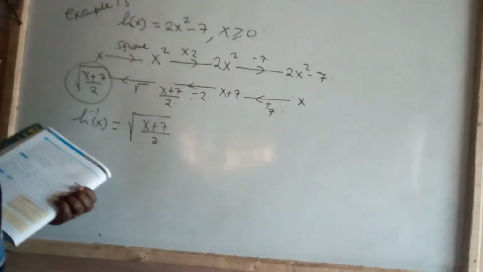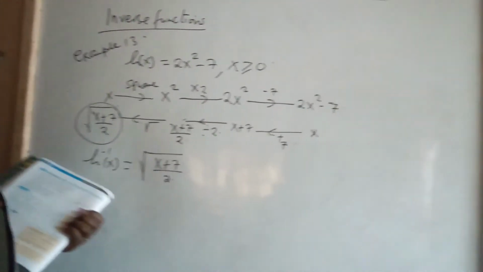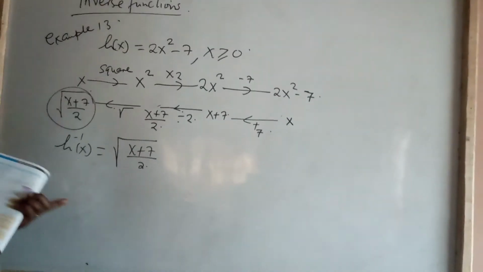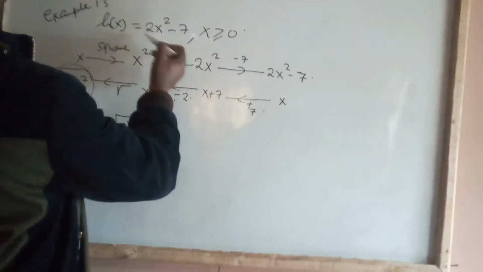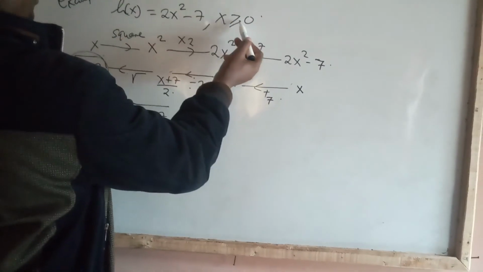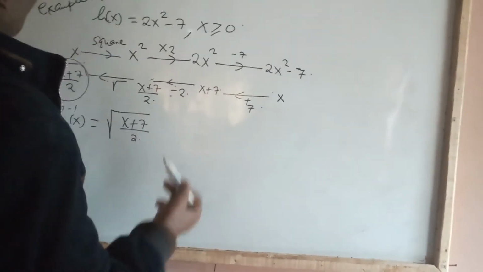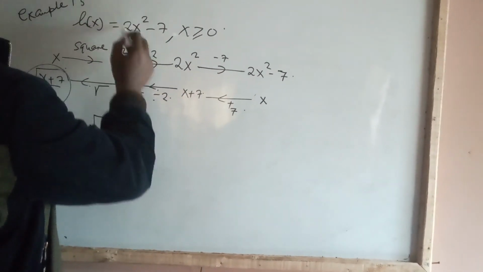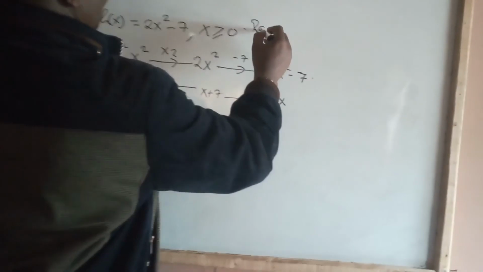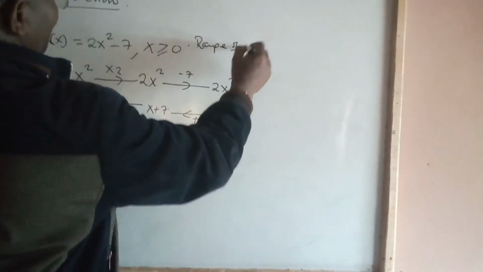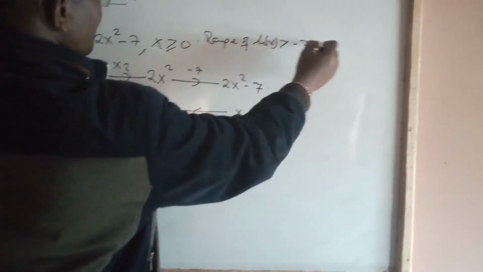And the range of the original function h(x): you could see the range, because x can only be at least 0 and anything greater than 0. If we assume x is the least value, that means 0, then the range of h(x) is greater than or equal to −7.